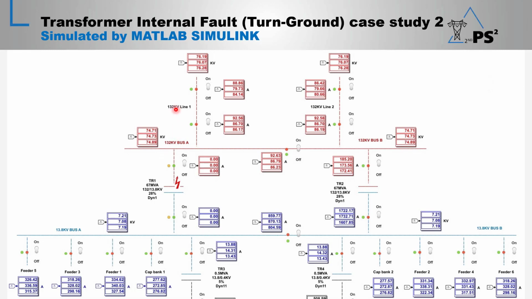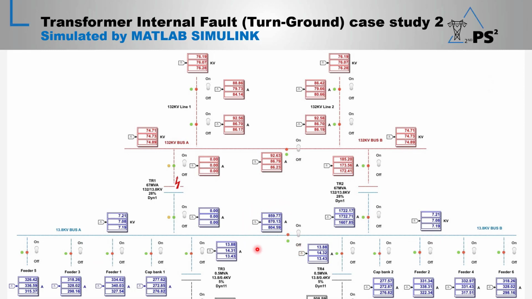The other components in the network are still in service: both feeding lines, transformer number 2, and all loads. Nothing was wrongly tripped, and transformer number 2 is now feeding the load of bus A and bus B through the bus tie.